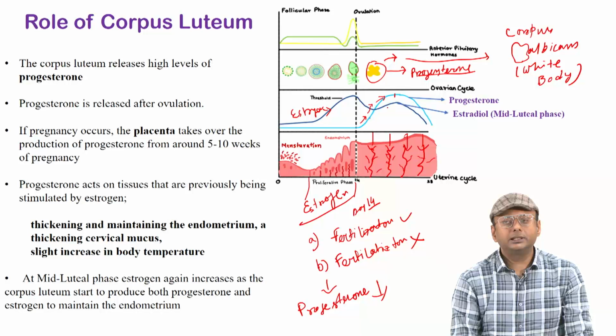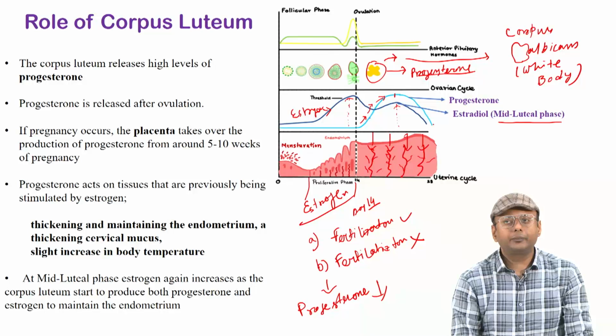After the granulosa cells converted to the corpus luteum, or yellow body, there is a decrease. But you can see in the mid luteal phase, around day 20 to day 22, there is another increase of this hormone.